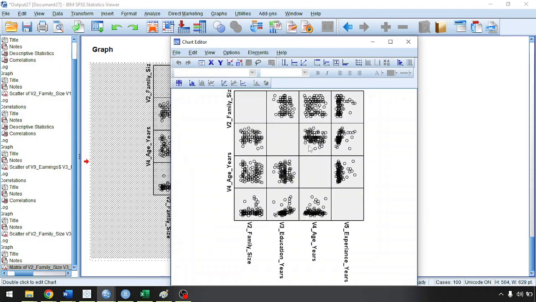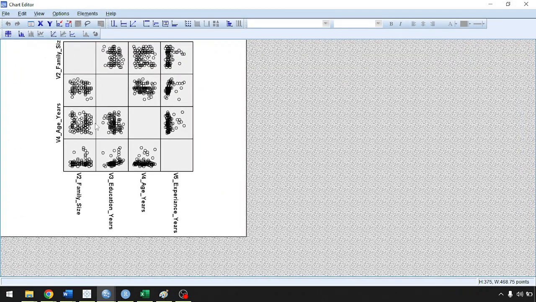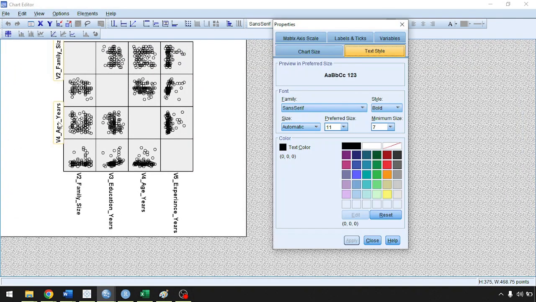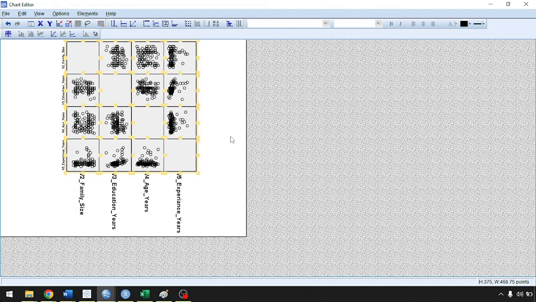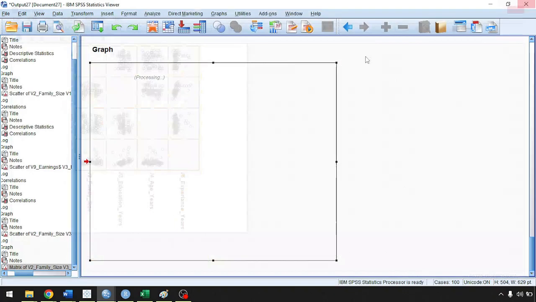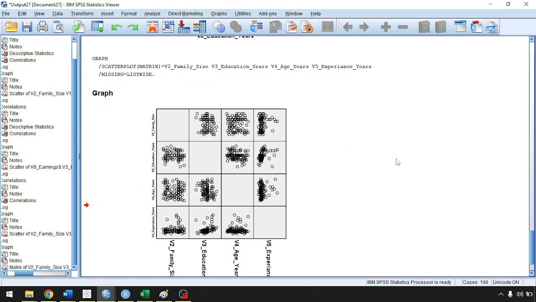Well, it's not showing these because SPSS has the tendency that it does not fit everything onto the same window, so you'll have to go and change the size a little bit. Maybe there you go. So you'll have to change the size a little bit to be able to look at all the variable names.